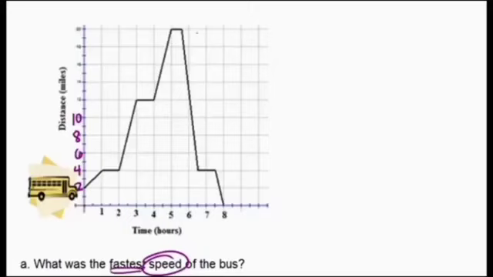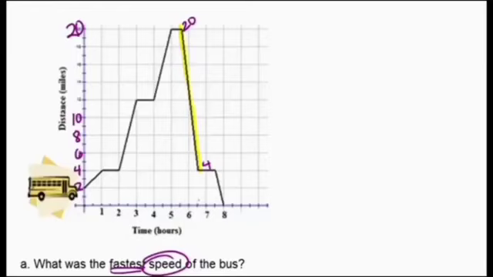And it looks to me that the steepest slope was right here on this line. It goes from 20 miles away down to 4 miles away in just 1 hour, from 5.5 hours to 6.5 hours.